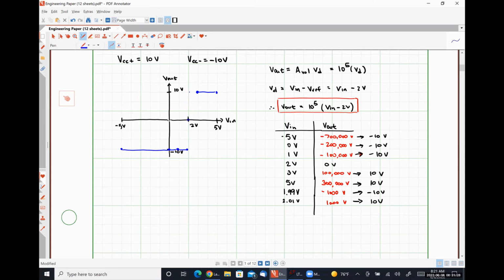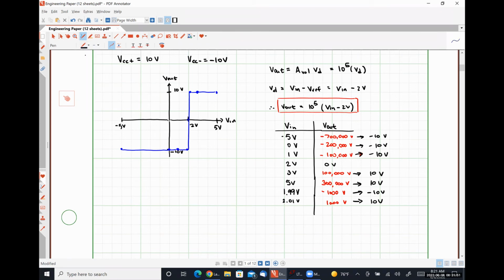And so at a point just above our reference voltage, we've saturated at VCC plus. So if we connect these dots, what we find is that we have a nearly vertical transition from VCC plus to VCC minus.